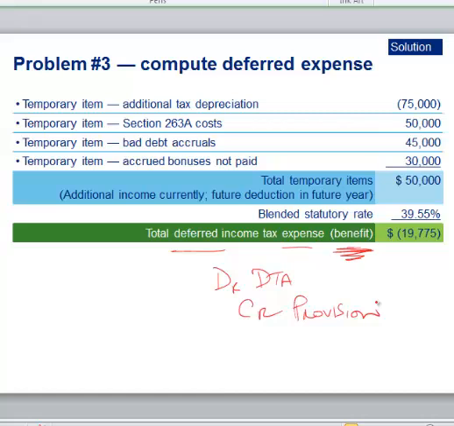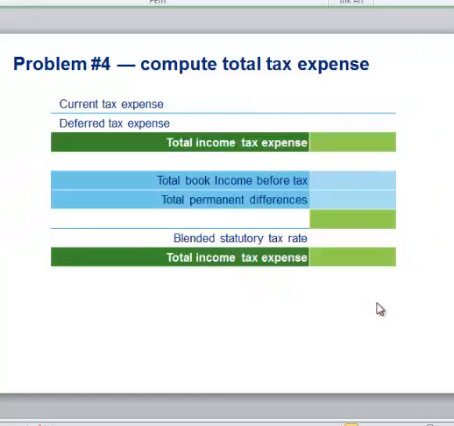You got a benefit of the 19,775. That's right. Okay, so now we got to compute our total expense. We did step 1. We did the payable. That was 531. We debited expense, credited payable for 531. Right? We did our deferred provision where we debited DTA, credited provision for 19.